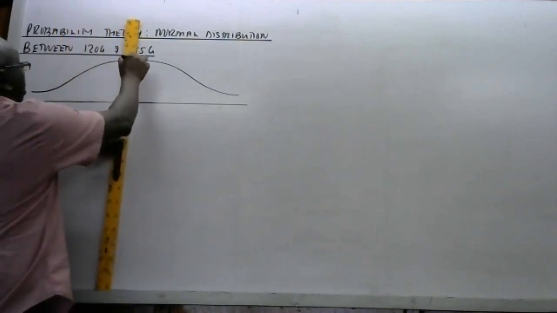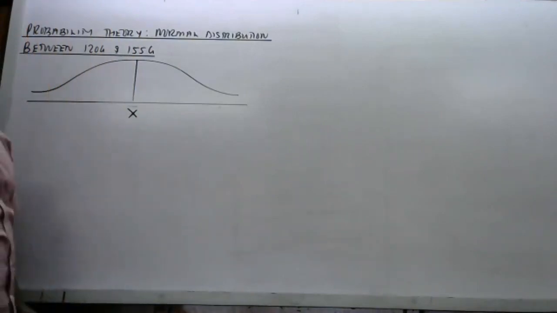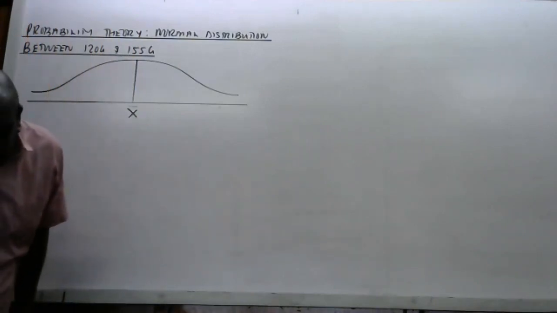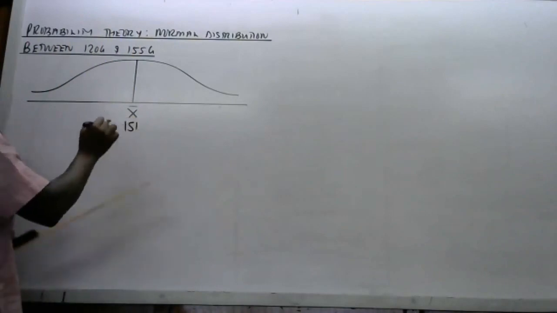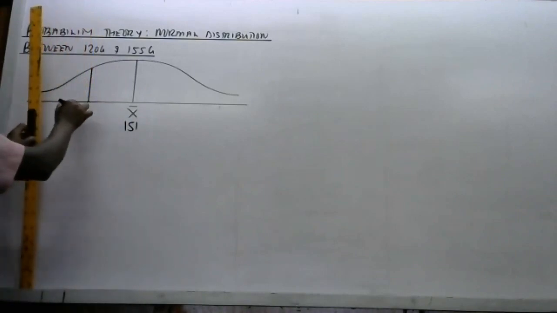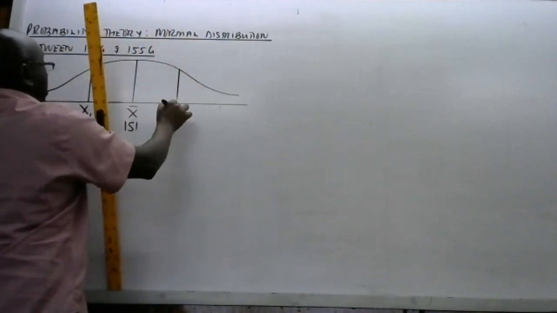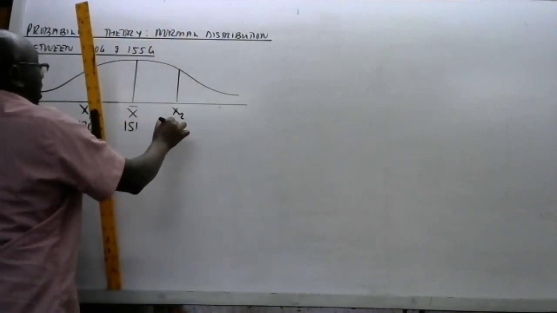So here you put the mean. The mean we are told is 151. And then we are looking for x1 here, which is 120, and then x2 here, which is 155.